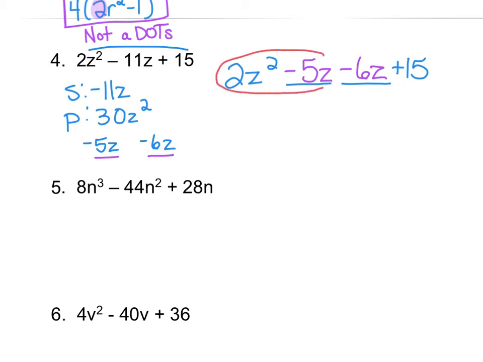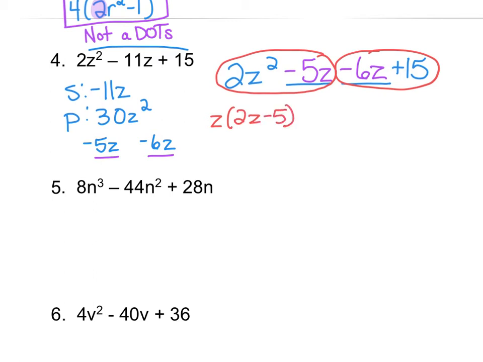So now I'm going to group each one and pull out a GCF. So for this first one, I'm going to pull out a z. And I'd be left with 2z minus 5.